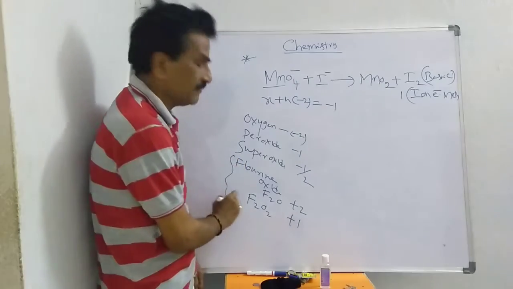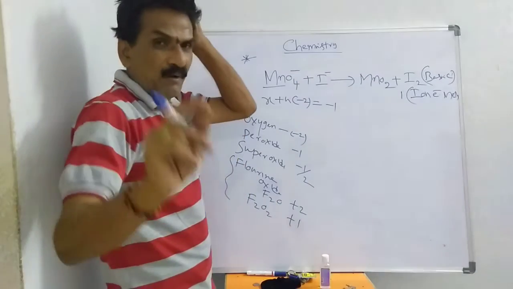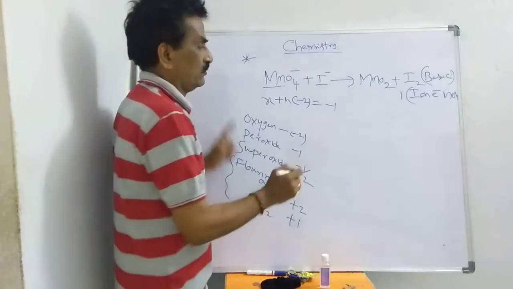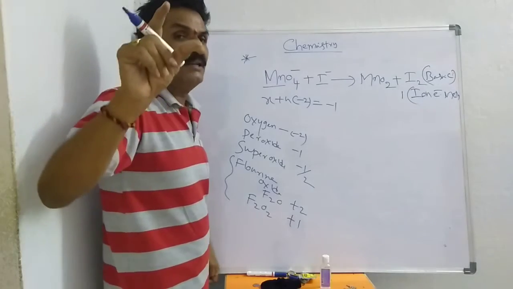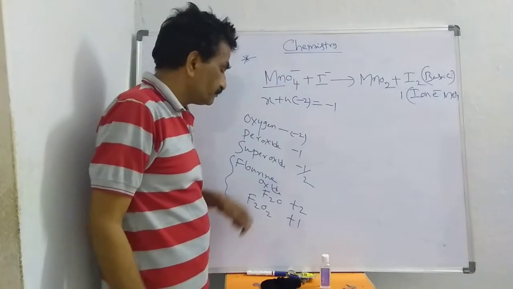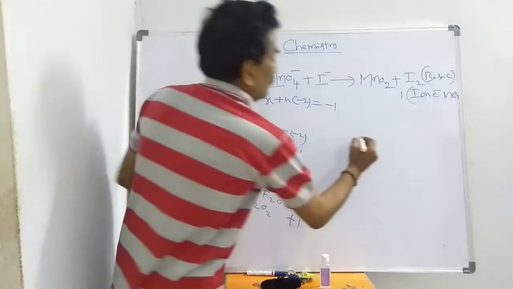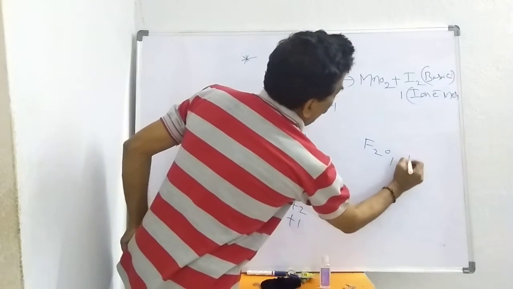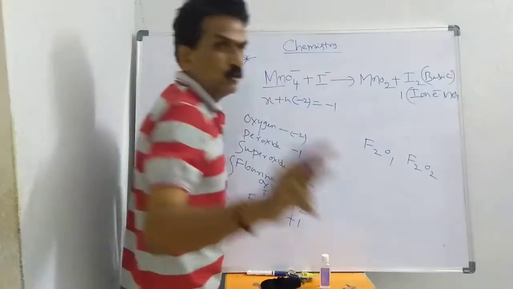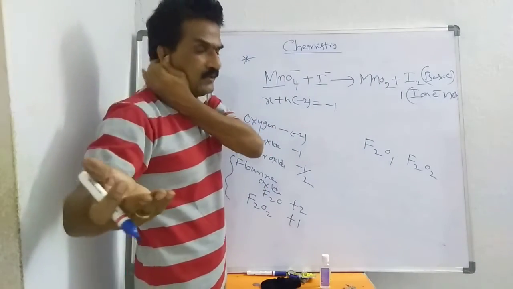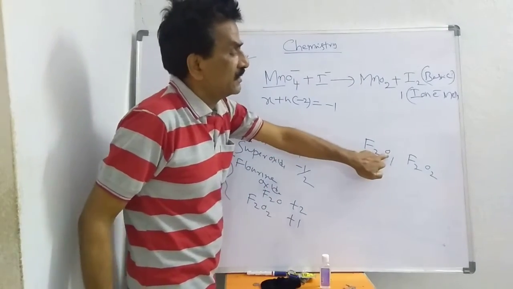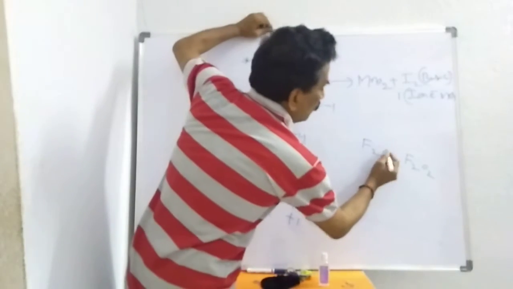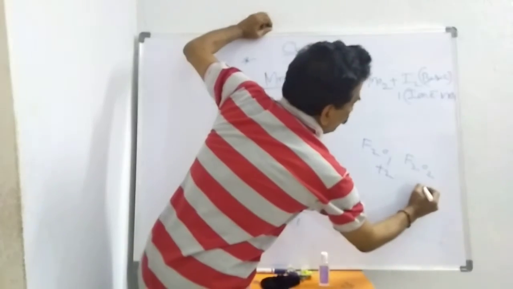This question was figured as a 2 marks question in public previous papers: in fluorine oxides F2O and F2O2, what is the oxidation state of oxygen? Here in F2O plus 2, in F2O2 plus 1.